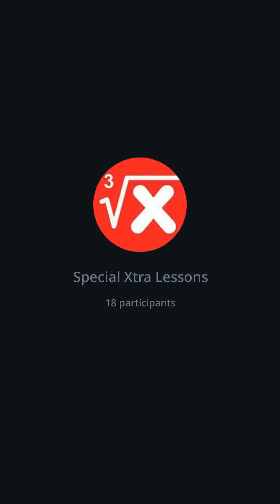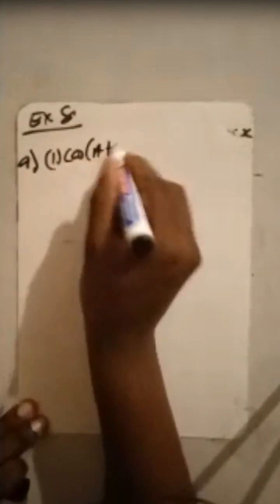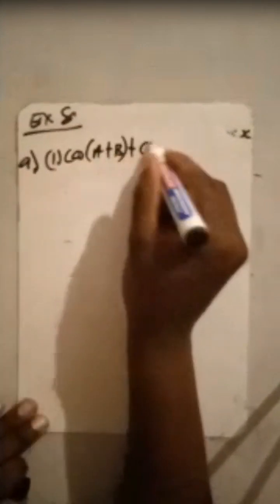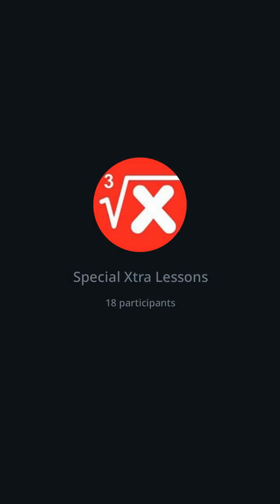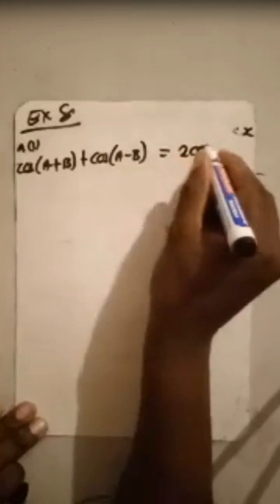Let's go to exercise number 8, and we start at A1, which says cos(A plus B) plus cos(A minus B) is equal to 2 cos A cos B.